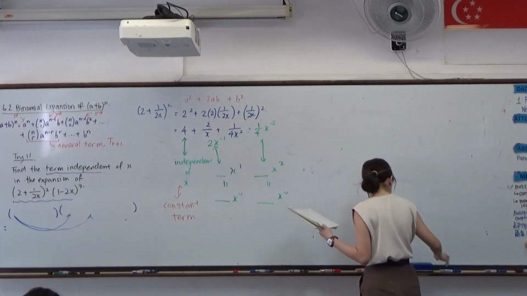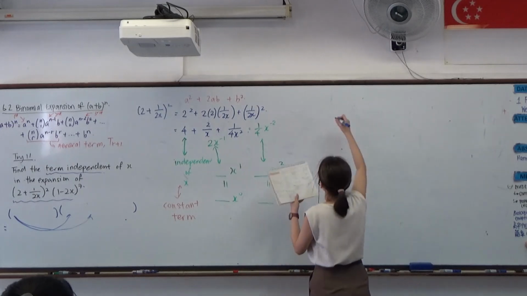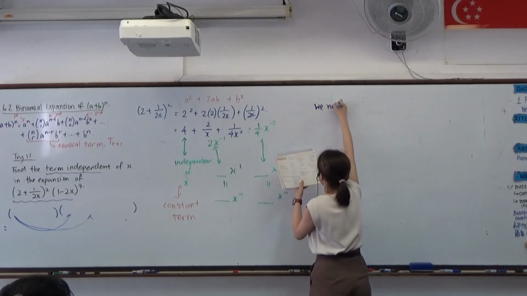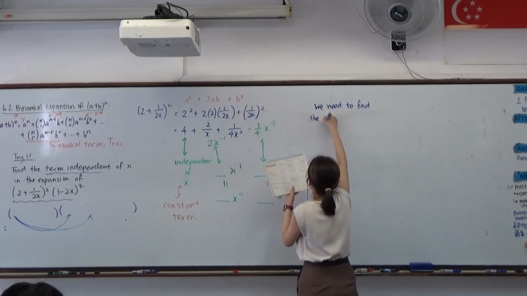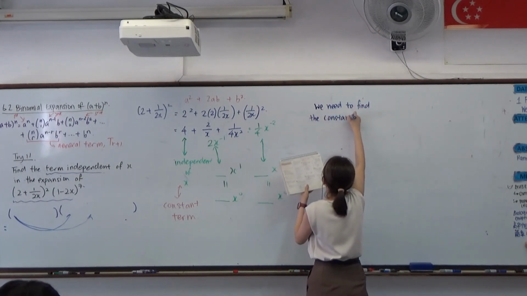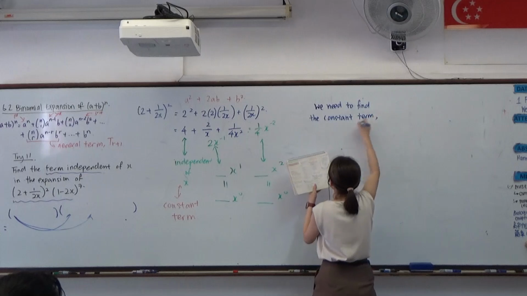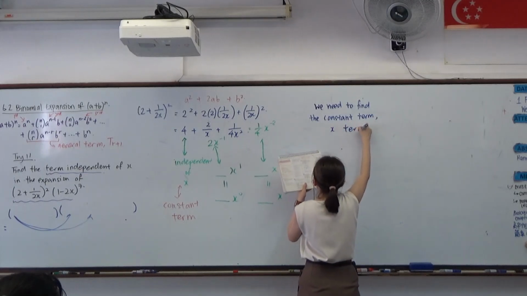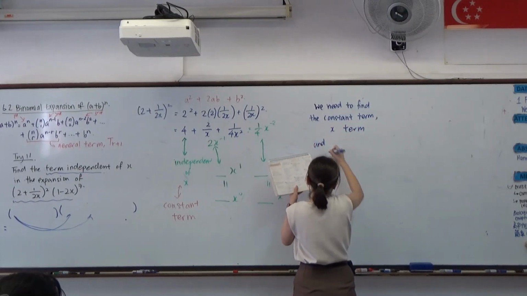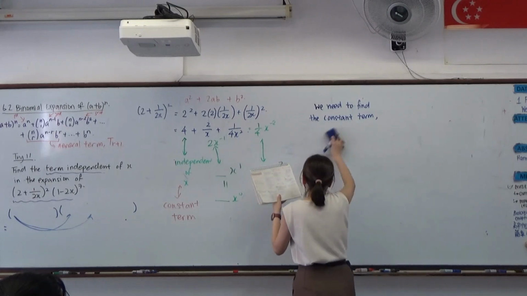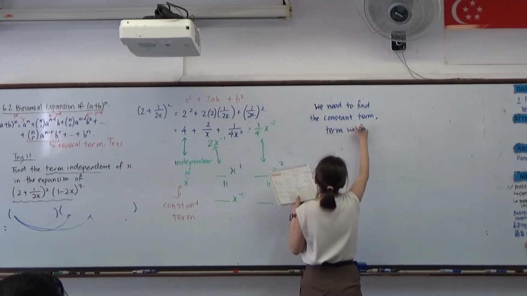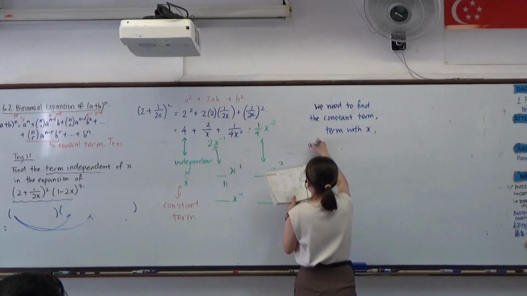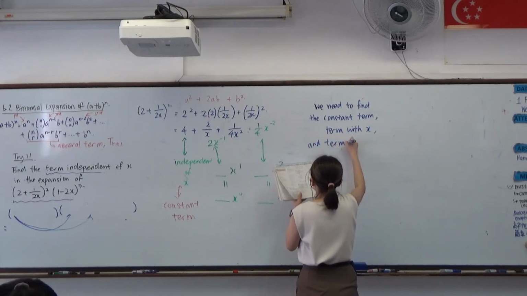Okay, so we need to find the constant term, the x term, maybe go back to the correct term with x, and the term with x squared.